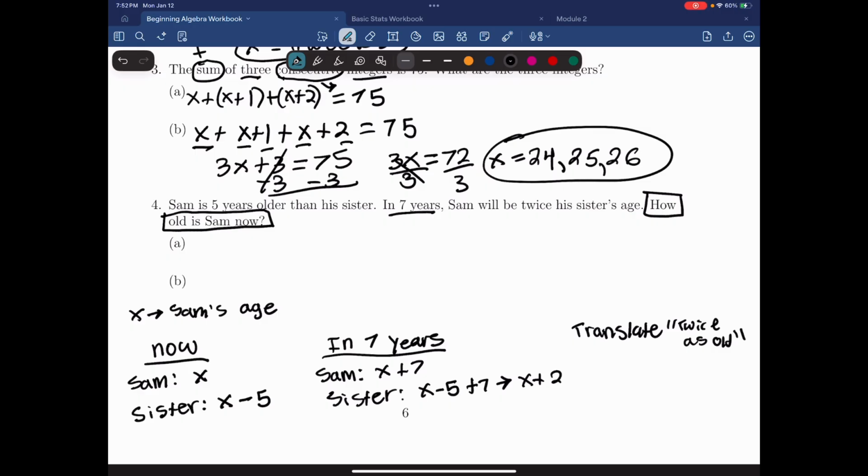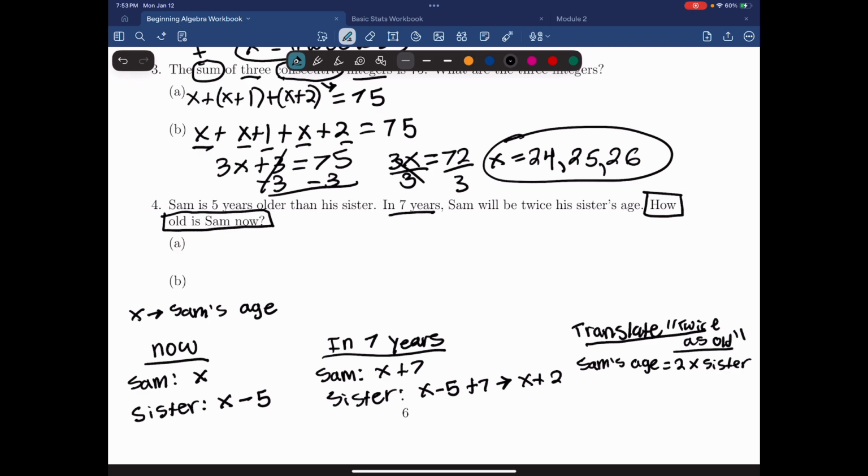So we know that Sam's future age in 7 years from now will be twice his sister's age. So what I'm going to do is say Sam's age is equal to 2 times his sister.